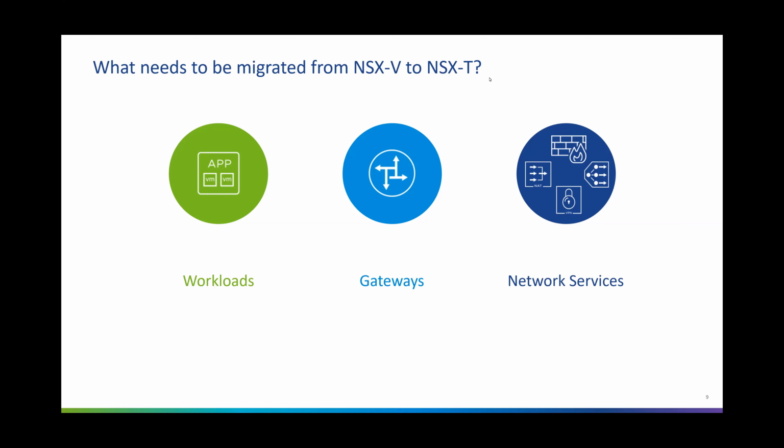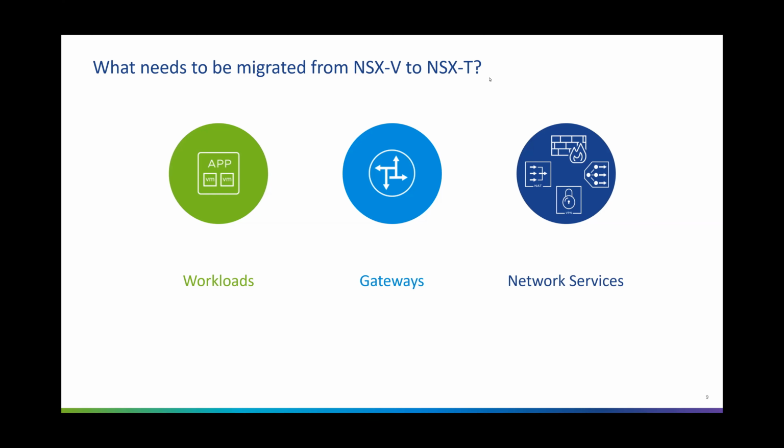There are also network services like load balancing and firewall in the edge. There's VPN capability. Then, of course, your workloads plug into those segments that you build and leverage those gateways and services. So we have to take all these components off the existing V segment onto the T segment, but we've got to have the gateways and the services in place to do that. So these are the components that we would be migrating from V to T.